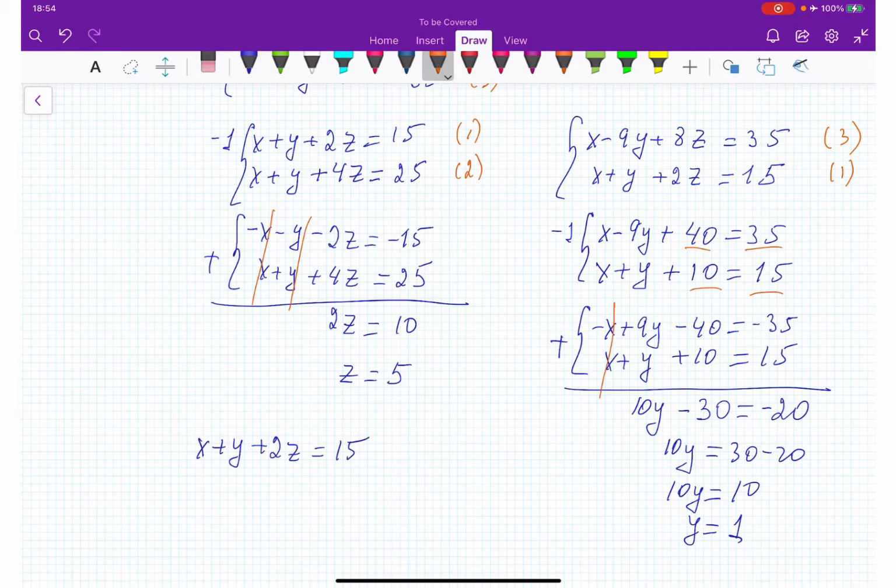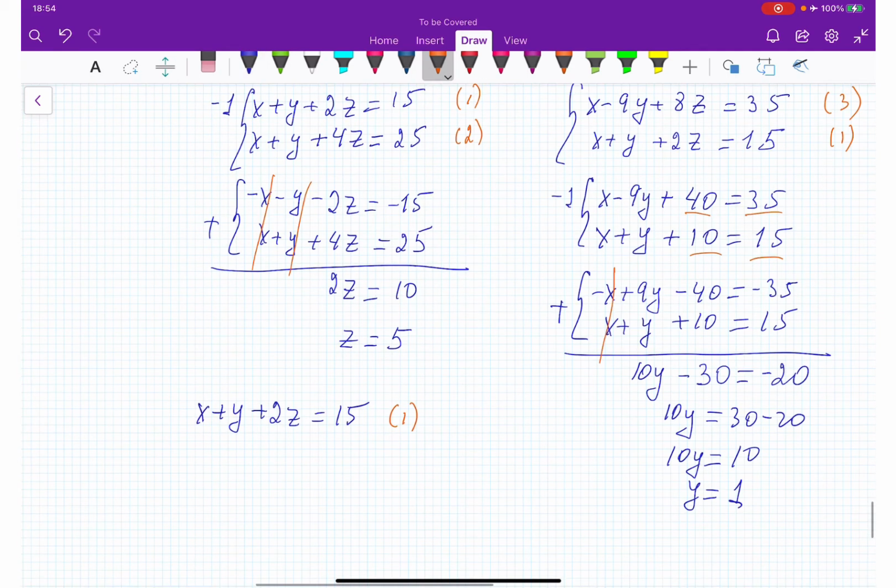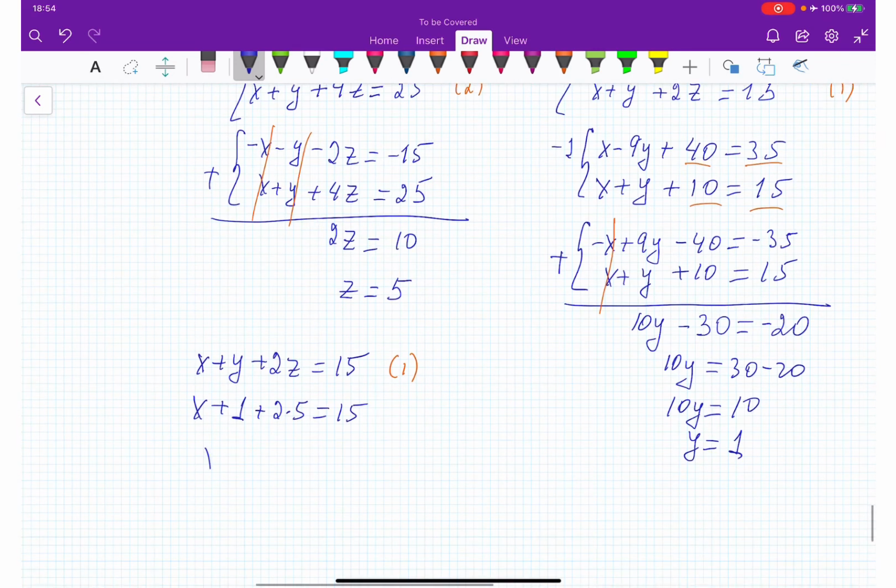And this is the first one. So x plus 1, y is equal 1, plus 2 times 5, z is 5, is equal 15. So x plus 11, right? 10 and 1, 11 equal 15. x is equal 4. There we go. The answer is 4, 1, 5.